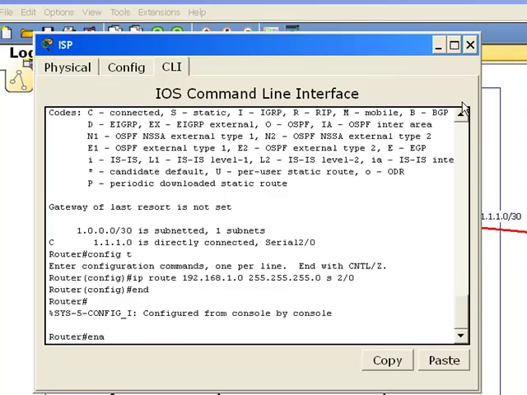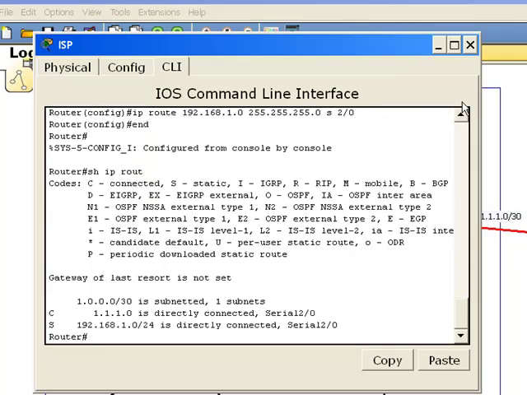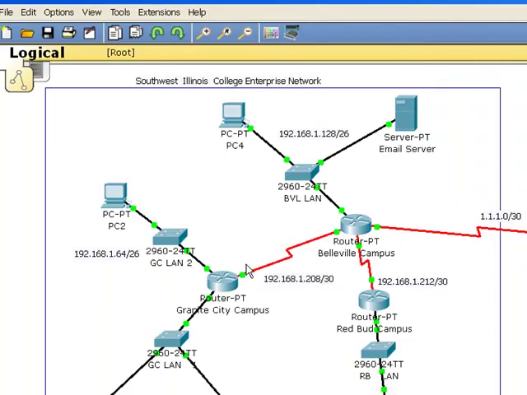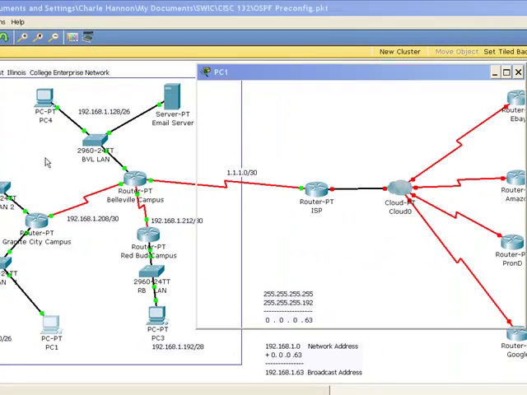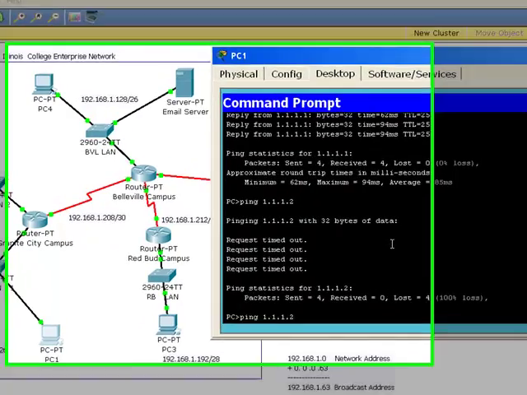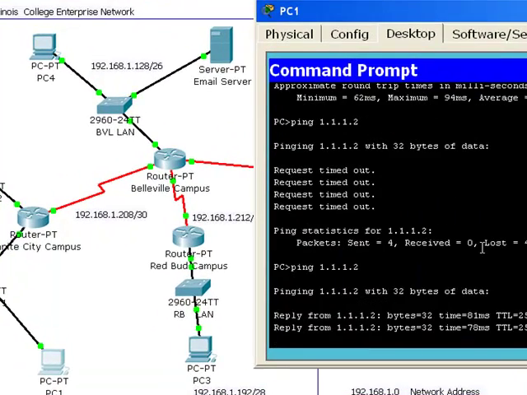Now, if I do a show ip route here, I have a way to get to 192.168.1.0. And notice that this is a summary route, and it reaches everybody over on this side. So now we'll try that, see what happens. There we go.